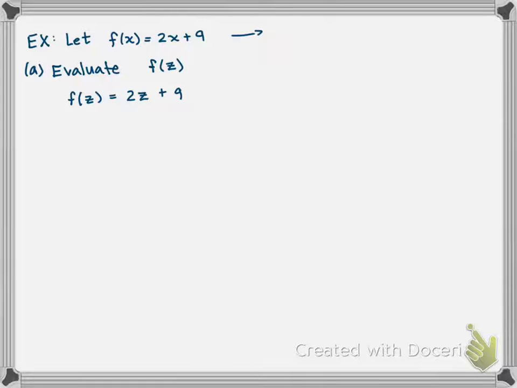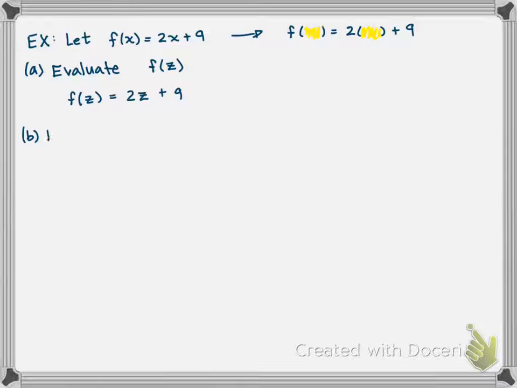You can think of this as f of something equals 2 times something plus 9. So if they give you this, you just put the same thing in this spot every single time. If you have f of anything, then the right side is going to look like 2 times that thing plus 9.